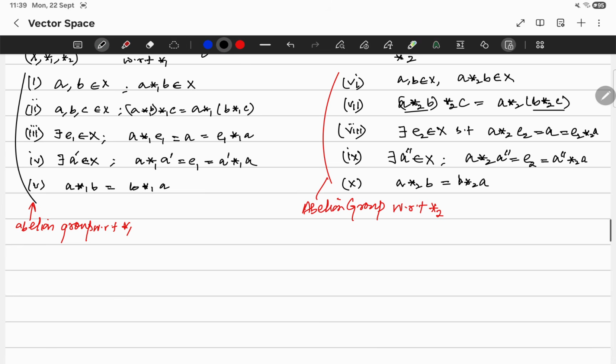Also there is another property that you call the distributive property, that is a *1 b *2 c should be (a *2 c) *1 (b *2 c). So this is called the distributive property.